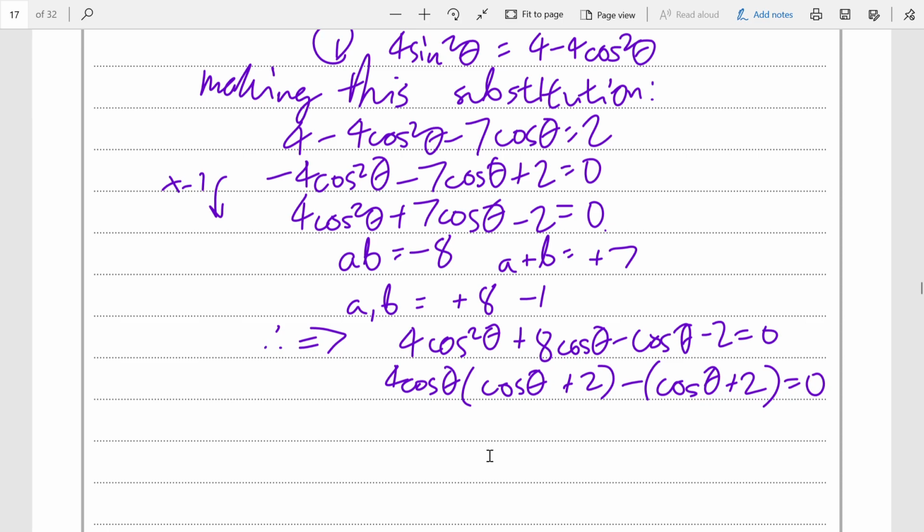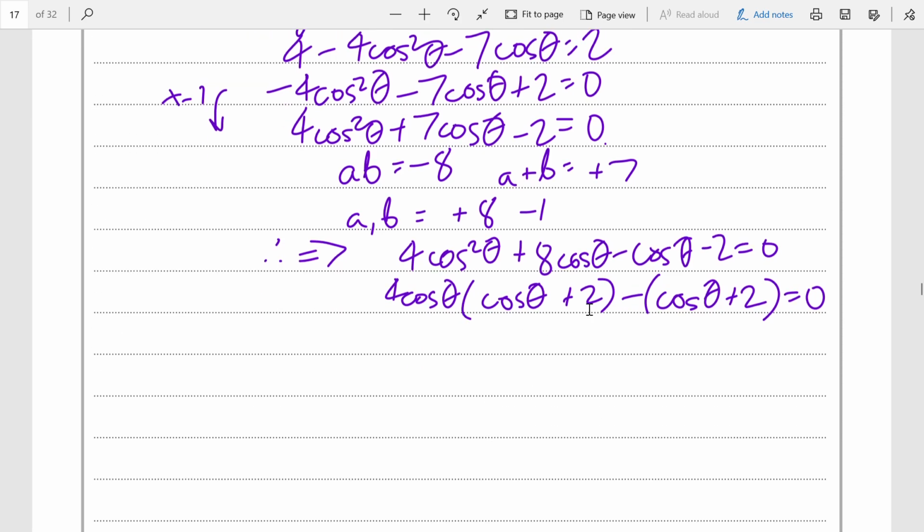And this is equal to 0, and then we factor out this term cos theta plus 2. So we bring this outside, and it's cos theta plus 2 multiplied by 4 cos theta minus 1 is equal to 0.